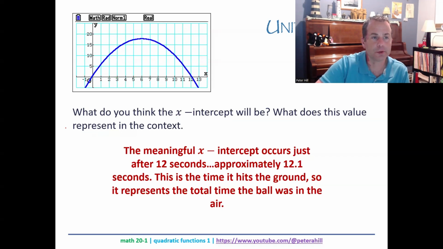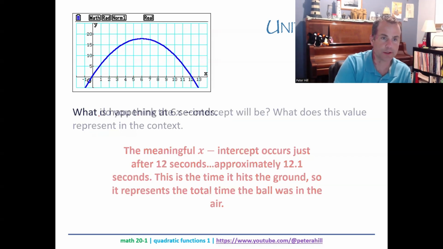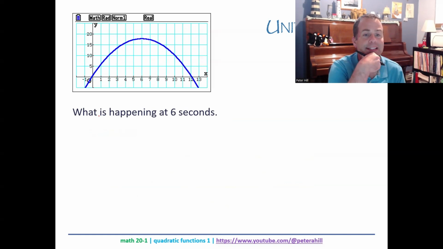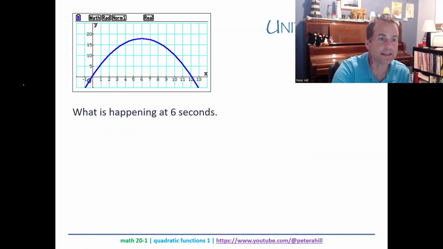Sorry, I can't get my mouse to work here. Let's try that. Okay, what is happening at 6 seconds? At 6 seconds, we actually were already talking about 6 seconds, but we can see it right here. At 6 seconds, I have that height of 18, and I've reached my maximum point. That point, just to start throwing some words at you, is called the vertex.